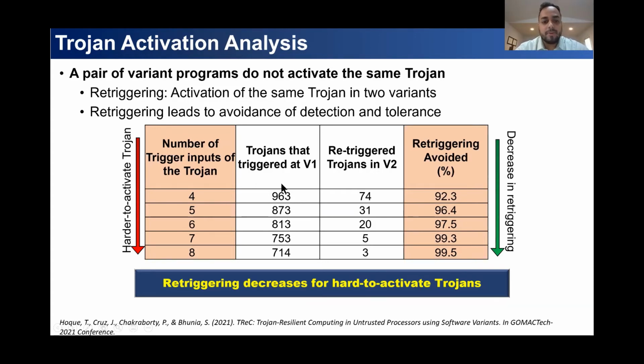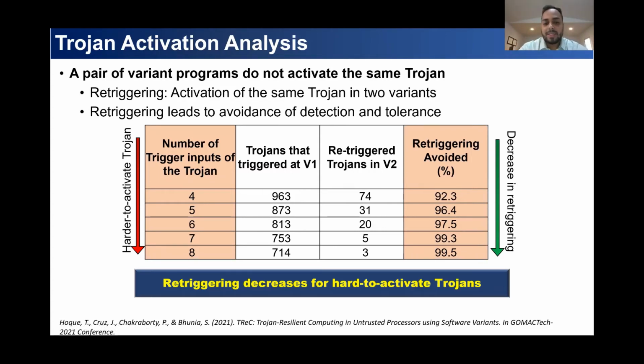We can see that for variant 1, there are approximately 963 4-input Trojans that are possible to design. Then we looked at the same trigger conditions when we ran variant 2, and we observed that only 74 of them achieve the same trigger condition.